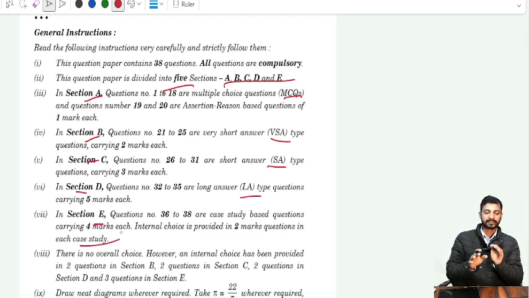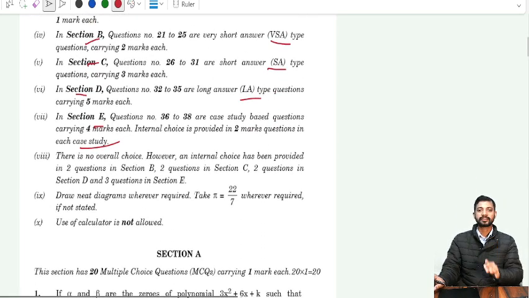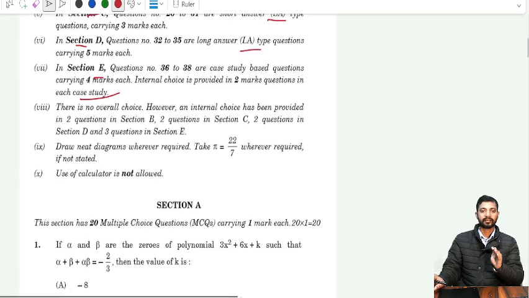Each section does not carry equal marks. Section A carries 1 mark, B carries 2 marks, section C 3 marks, and so on. So be sincere about these sections and how you want to obtain the marks.